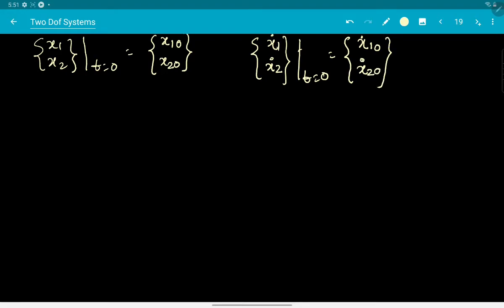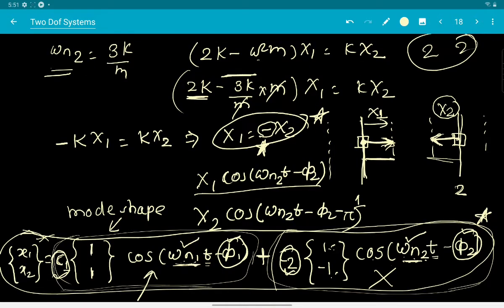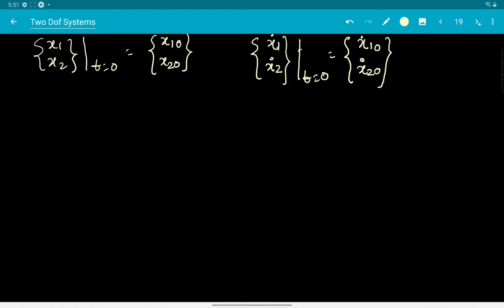So what we are going to do is evaluate the expression that we have written over here for time t equal to 0. If I evaluate it for time t equal to 0, obviously the left hand side will be equal to x1 0, x2 0, which is this variable.